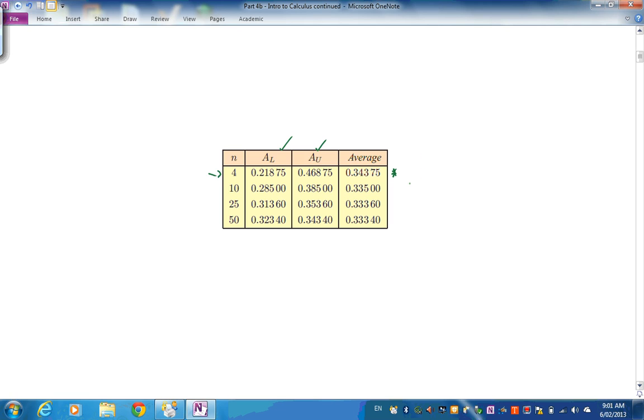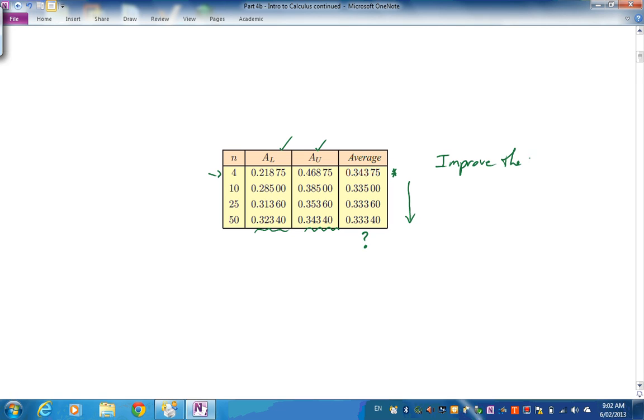Can you see as we go down here, the upper and lower sums are getting very, very close together. We're zeroing in nicely on this area under the curve. It's still not accurate though, is it? It's still a question mark over how accurate this average is. Okay, so a bit of frustration there. But to improve the estimate, what are we going to do?